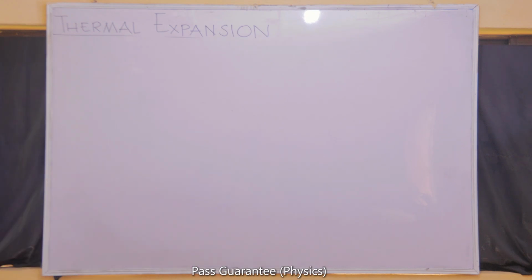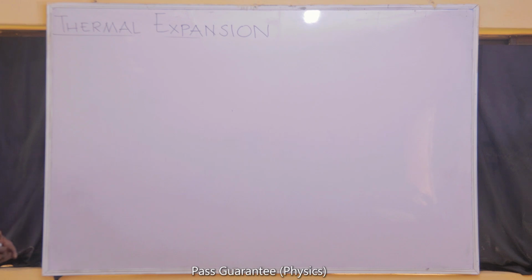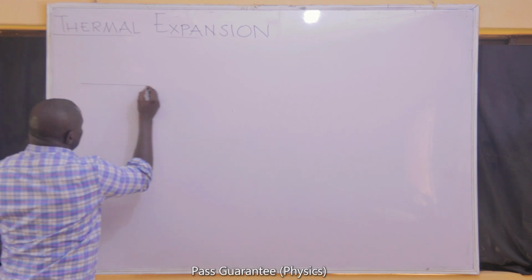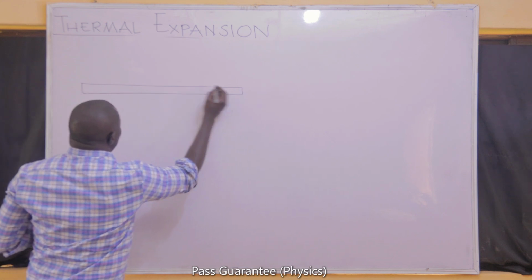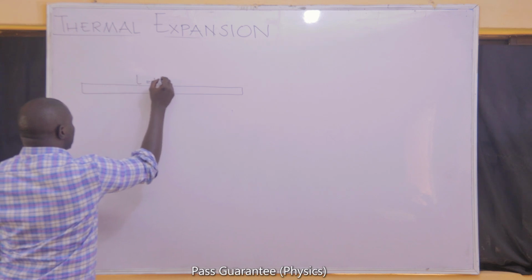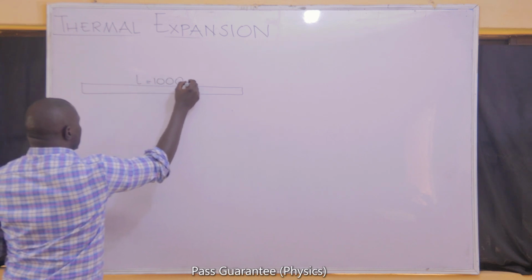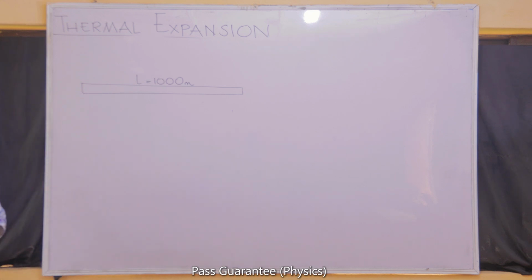We are told here that the Forth Bridge has a steel span of length 1,000 meters between the piers. Now, we are asked to calculate in centimeters.